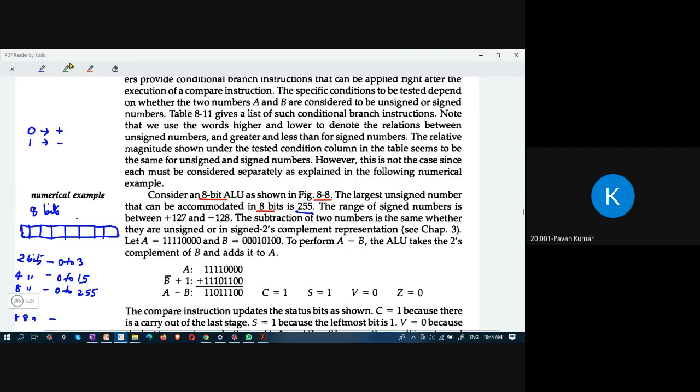0 to 127, ma'am. Very good. But it is not from 0, we are considering negative numbers also. So minus 128 to plus 127. This is the range.